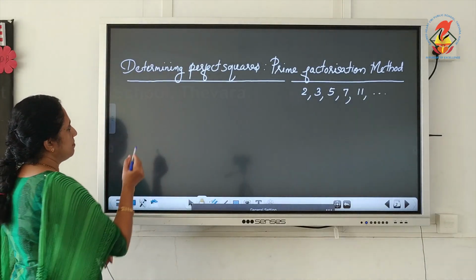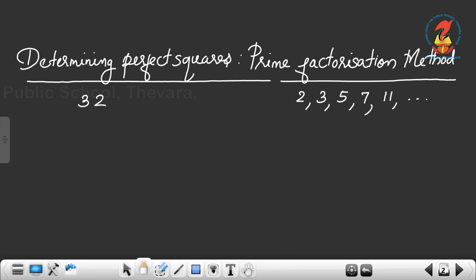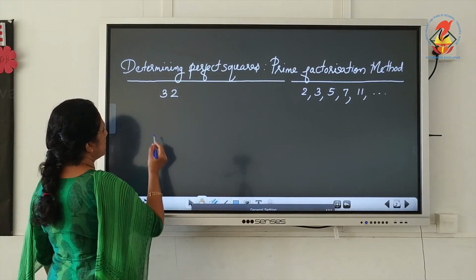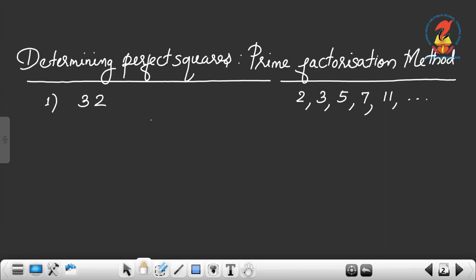Now for example, consider the number 32. We have to find out the prime factors of this number. Then how will you start? I will write like this, division method. We are applying the division method now to get the prime factors. 32 is an even number, so we can start with the even prime number 2.